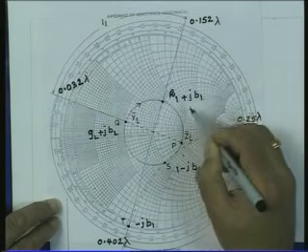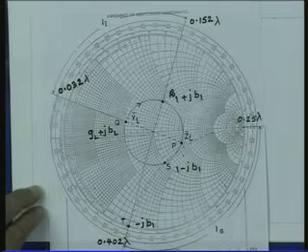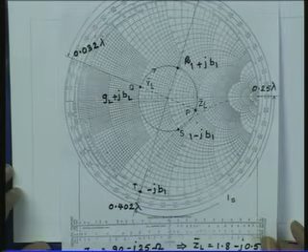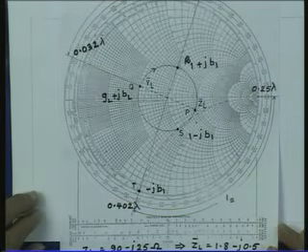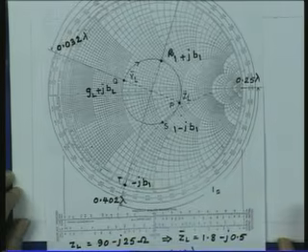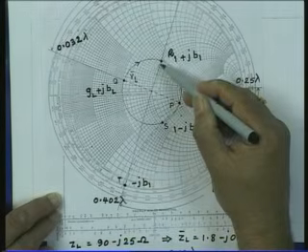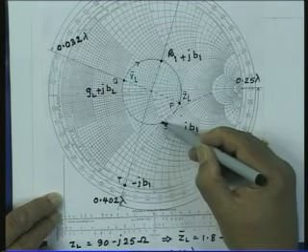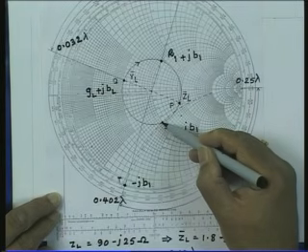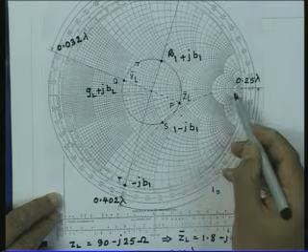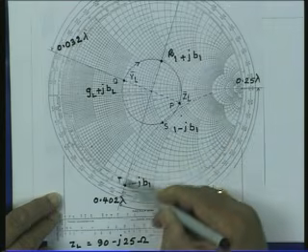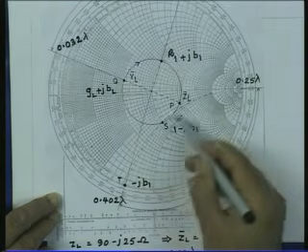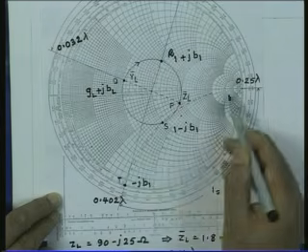The second thing you have to find out is the length of the stub, for which this jB1 susceptance has to be cancelled. So, the stub has to introduce a susceptance of minus jB1. As we do, we take the mirror image of this point on the constant VSWR circle, find a constant susceptance circle passing through this point, and take the outermost point on this circle.